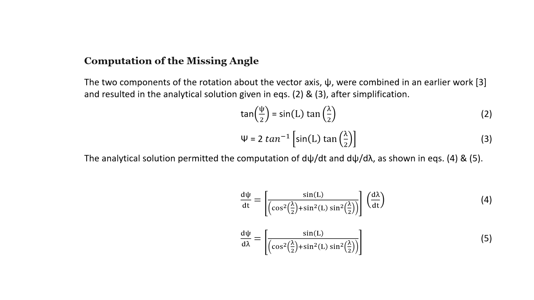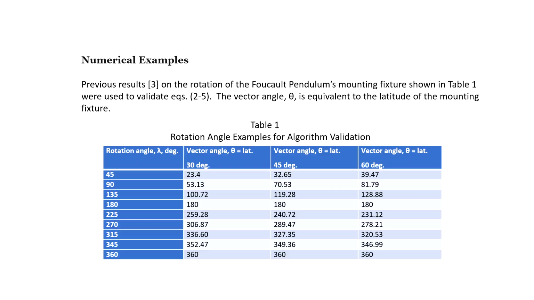So it really enables you to compute both the rotation angle and its rate, and you can relate it to the rotation of the Earth or the rotation of lambda. You can get a rotation factor of how much it's rotating about the axis versus how much it's rotating about the original axis, the rotation axis.